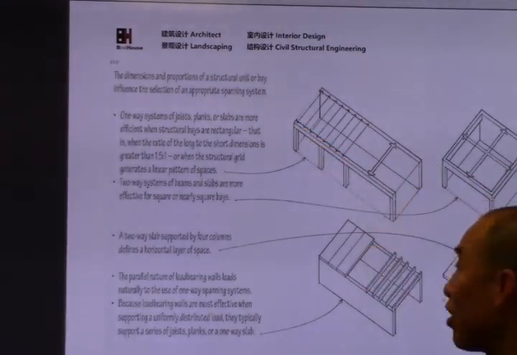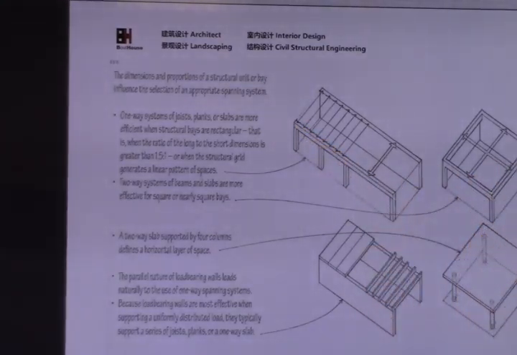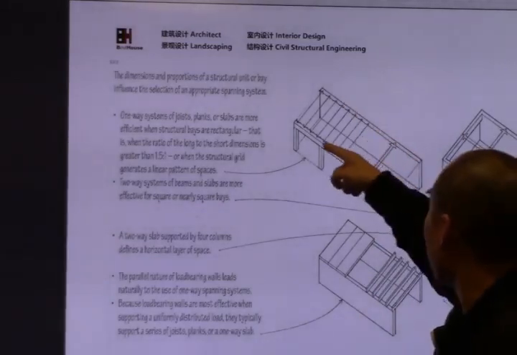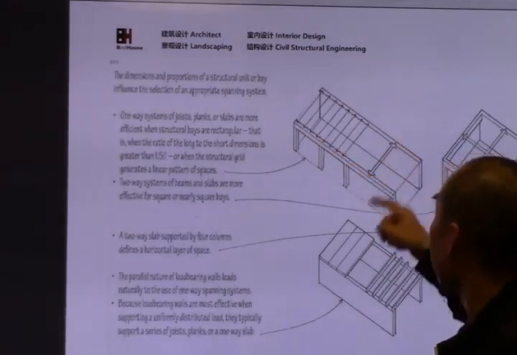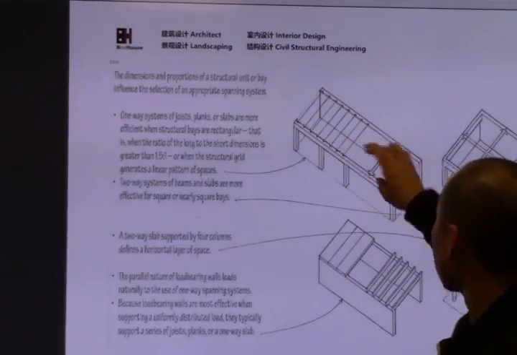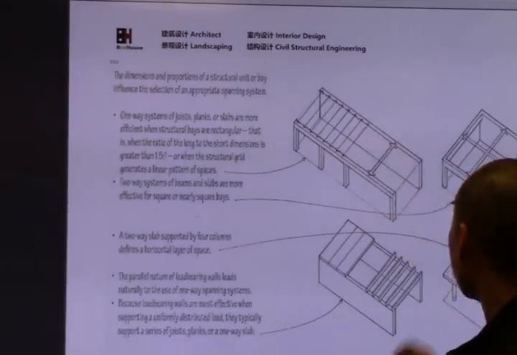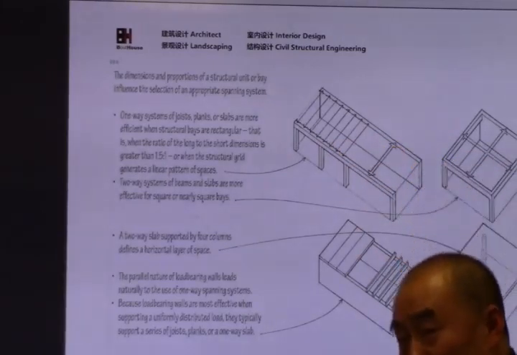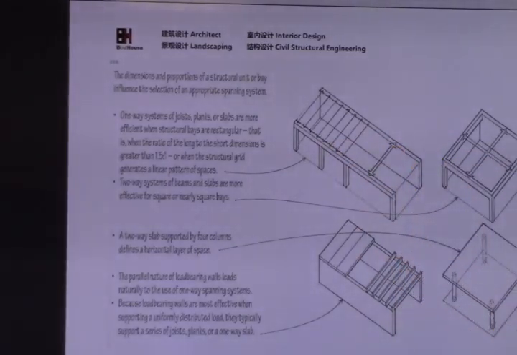It's double this size. For sure, 100% for sure, it is one way. So the load is not transferred this way, just transferred to the bearing wall here or beam here, because it depends on the size. If the size is even, 2 meters by 2 meters, it is a two way.